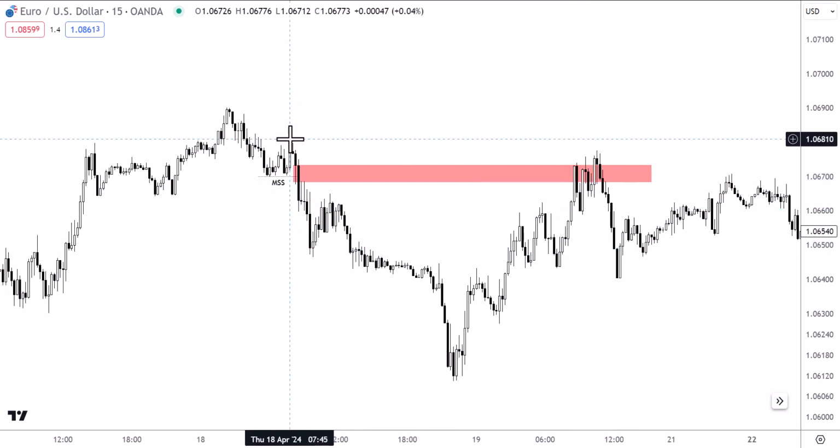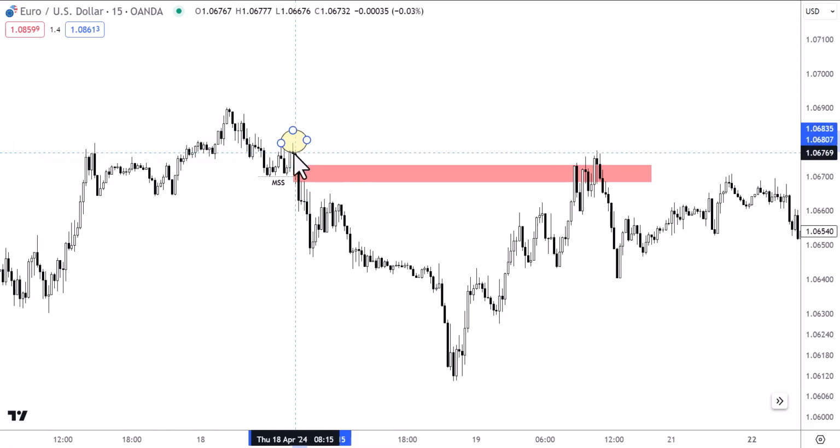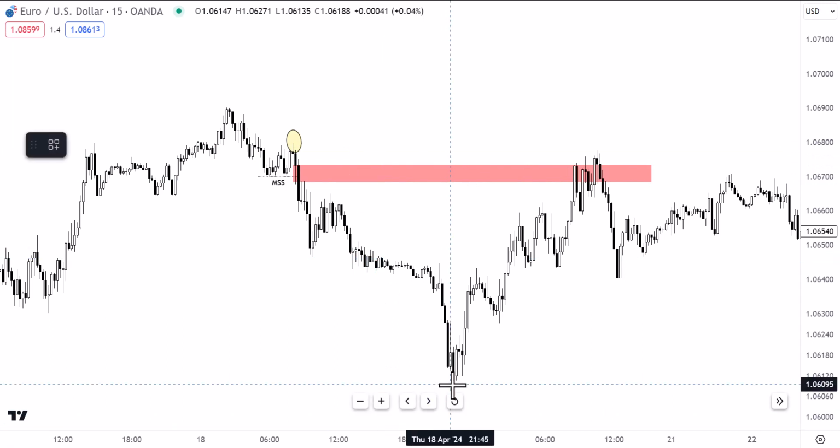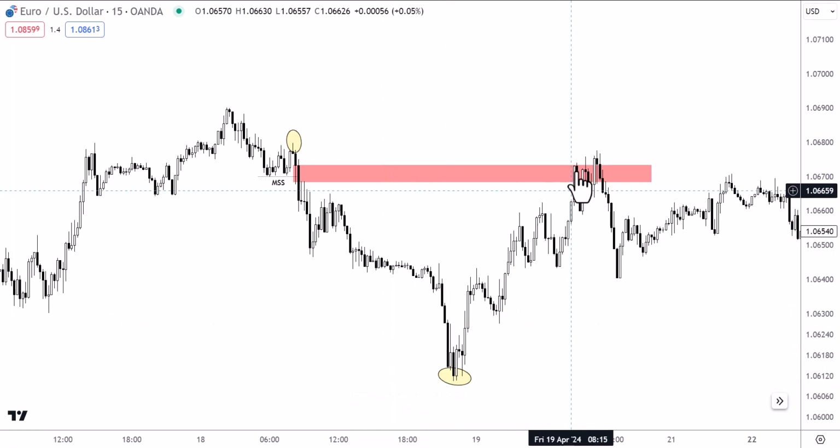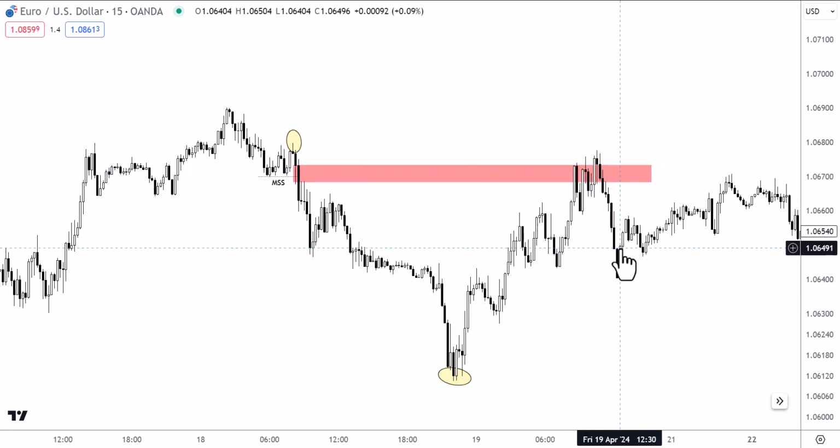So from this high, you can mark it up here, from this high to this low, we see this is a trading range where price is just going to trade into this internal high just to simply grab liquidity and move the market lower.